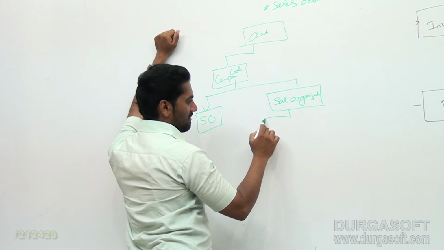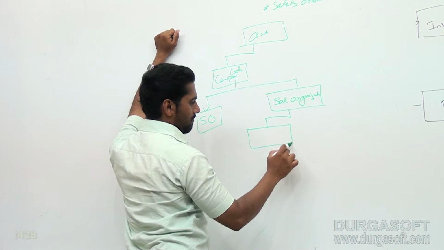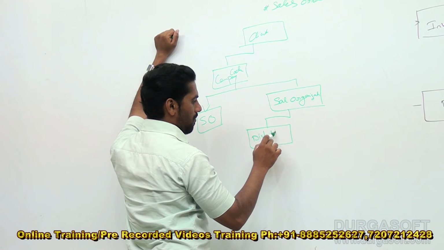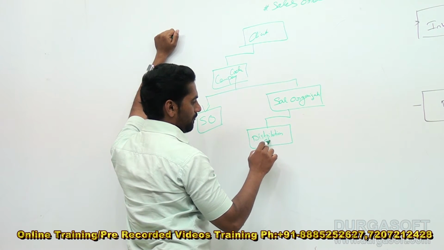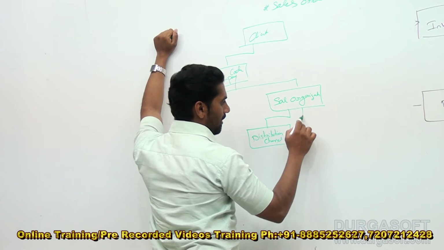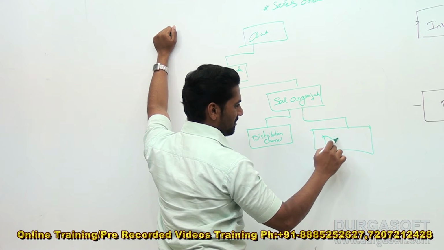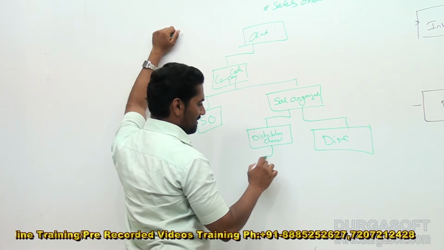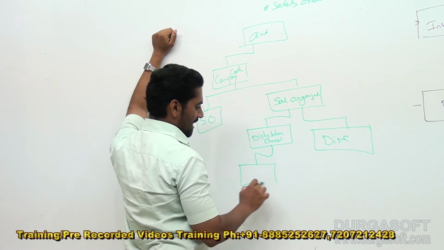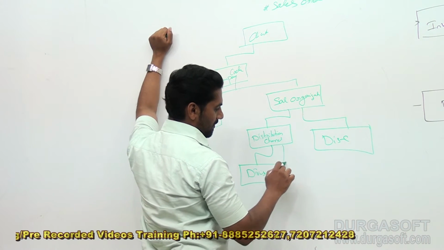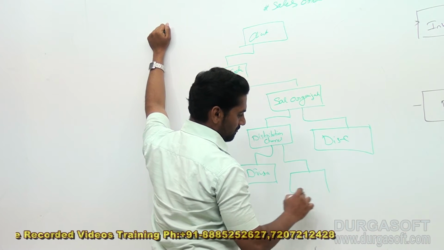Again, the sales organization will have the division channels, we call them distribution channels, and they also have certain divisions. Again, these distribution channels will interact with the division part. It may reach directly to the customer.